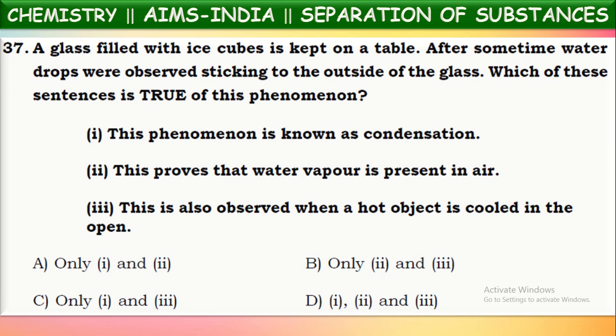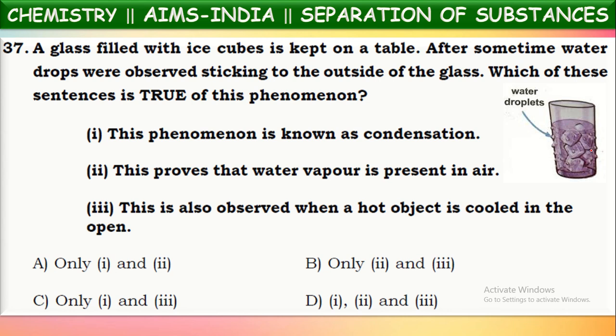A glass filled with ice cubes is kept on a table. After some time, water drops were observed sticking to the outside of the glass. Okay, what happened? They have taken a glass with ice cubes filled in it. If it is kept on the table, after certain time, some droplets of water will be sticking to the glass on the outer surface.